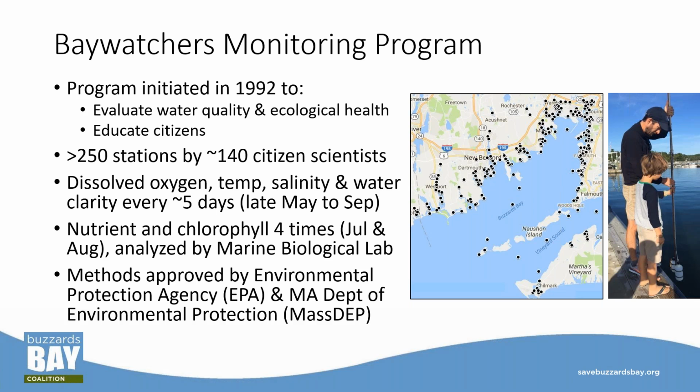We're worried about the worst case scenario, so we're really targeting the worst case scenario with our monitoring. The result of this program is that we have a really robust data set that's been rigorously maintained. Next year will be our 30th year of monitoring water quality.